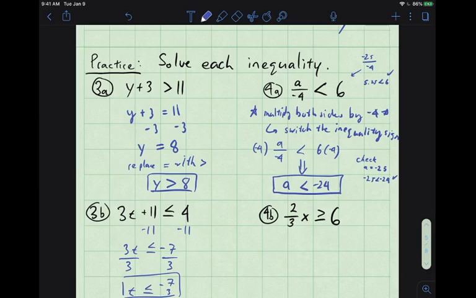Okay. Notice that if you did not switch the inequality, you would have this answer, a is greater than negative 24. And suddenly when you pick a number here, like let's say 0, because that's greater than -24, 0 divided by... wait, is that right? Yeah. 0 divided, oh, probably 0 is not the best option here. Wait, did I do that right? I forgot to switch it.